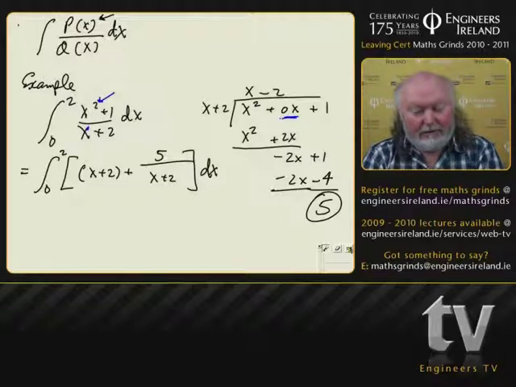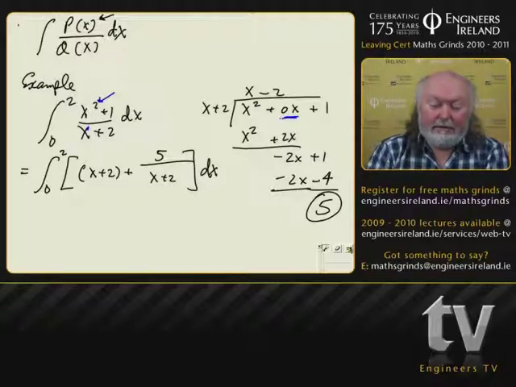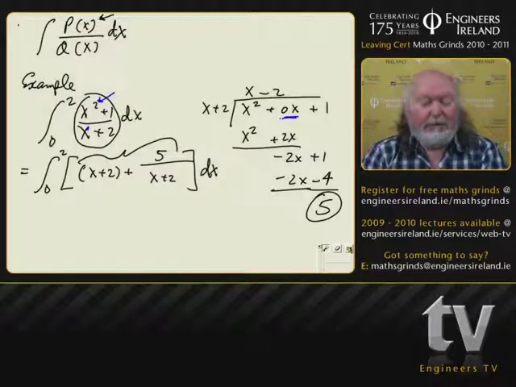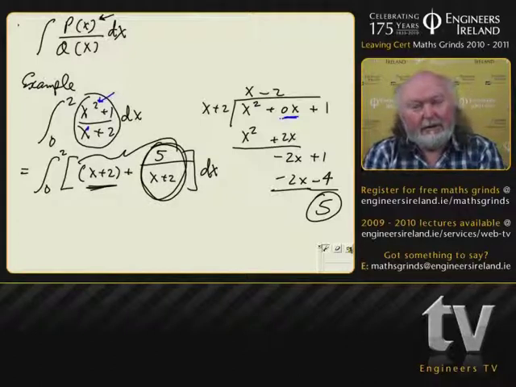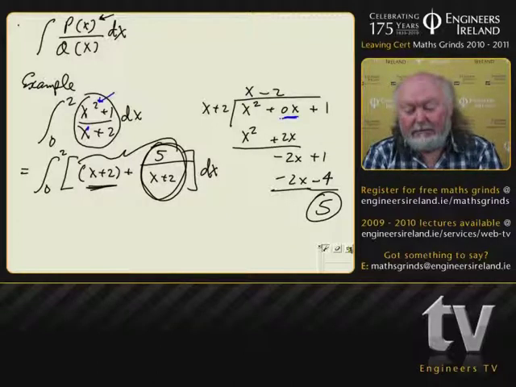That's all we're doing here. That is just equal to this. But the nice thing is, it's very easy to integrate that now. It's also easy to integrate this one. It's just like the last example we used.